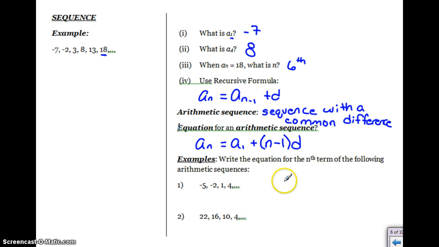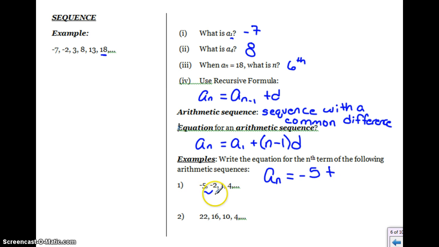Write the equation for the nth term of the following sequence. So for this one, if I'm using this first recursive formula, to get the nth position, I would need to use the first position. So I'll say -5 plus the common difference. Well, what is the common difference?